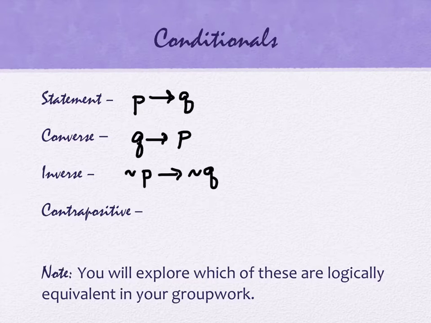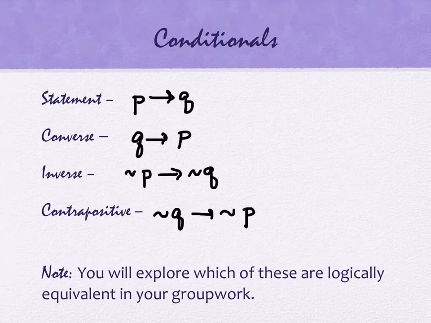The contrapositive, however, takes the statement and it both switches the order and negates it. So you end up with tilde Q, arrow, tilde P. And in my example, that would say, if I am not a woman, then I am not a mom.